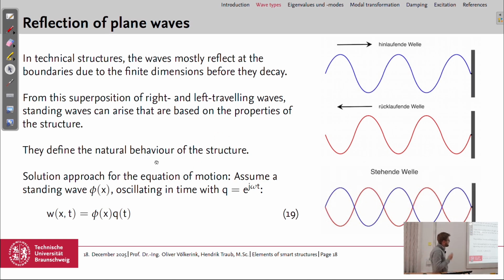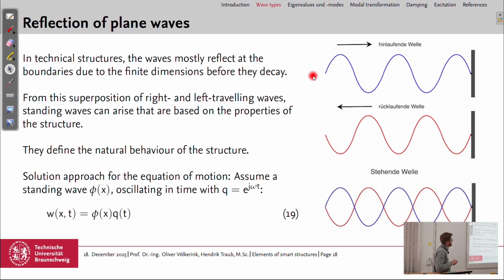Real engineering structures have a finite length, so waves cannot propagate to infinity, and depending on the boundary conditions, they are reflected. And we have a right and a left traveling wave, like we saw in the general solution of the longitudinal wave.